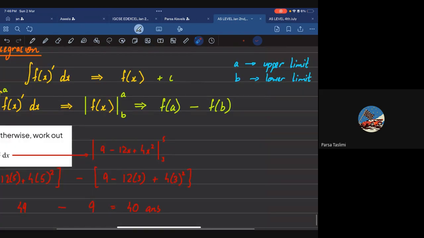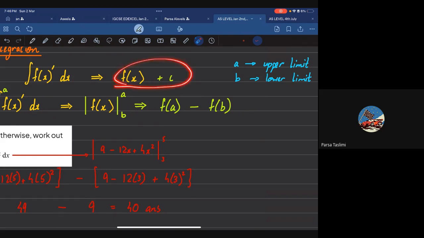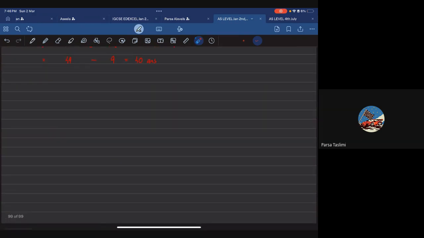And this time, remember, I purposely omitted C. When it was without limits, we had C. When it was with limits, we didn't have anything. Clear? Any issues with this, guys?